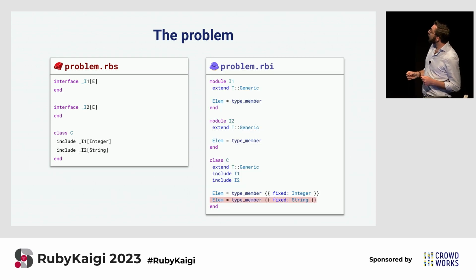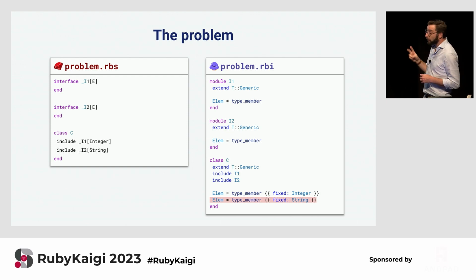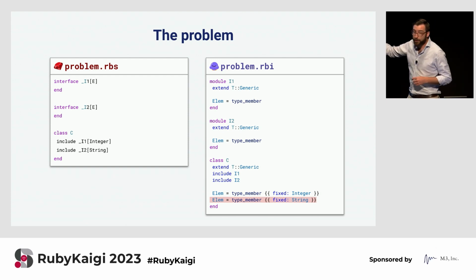The problem is in Sorbet, because of the syntax that is used, if by an unlucky chain of events, you use the actual same name for the type member, so in I1, I'm using the type member called LM, and in I2, I'm using the same name, I'm not able to redefine the type of this type member in the class C. Because with LM, I will be just redefining the constant, and I'm still just defining one of the type members, not two of them. So I can't actually represent the same thing.